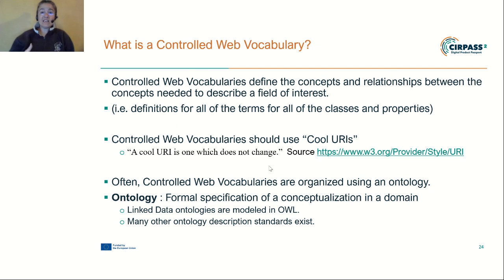A conceptualization is basically a model of all the concepts that I need to describe the field of interest. And the domain is the field of interest. In the linked data world, the ontologies are modeled mostly using OWL. OWL is the ontology web language, but there are many other ontology description standards that exist.